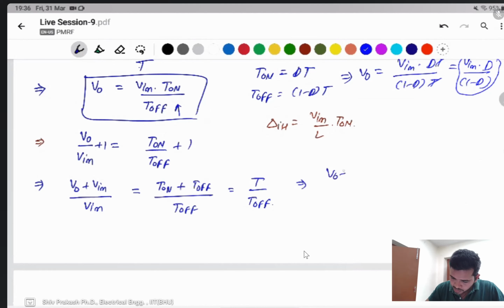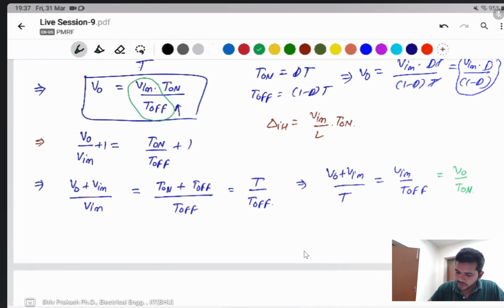V output plus V in divided by T is equal to V in divided by T off. Then V in divided by T off, from here you can write as V output divided by T on.